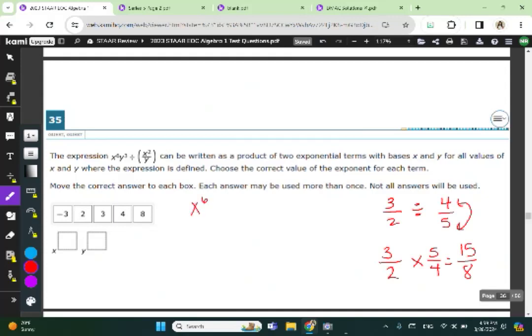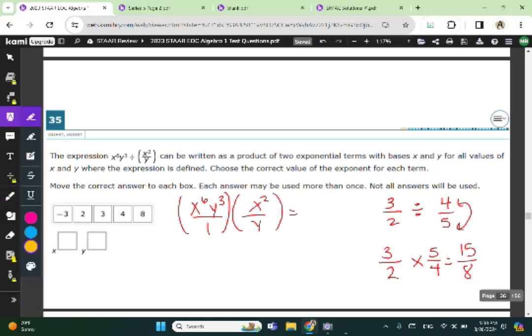We're going to use the same concept right here. x to the power of 6, y cubed. Instead of dividing by x over 2, we're going to multiply by, let me do it in parentheses instead, x squared over y. When you multiply these, I'm going to put this over 1. You just multiply straight across.